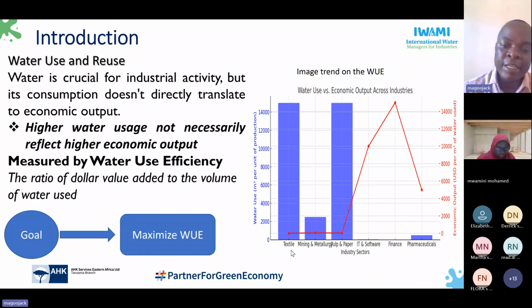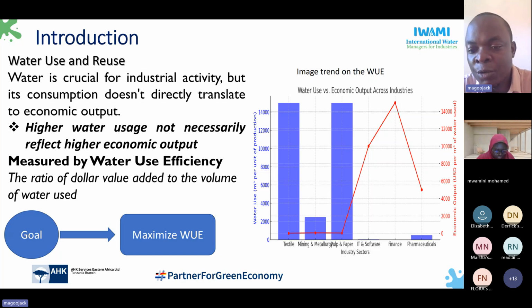For example, the textile industry, which is the first line here, uses a high amount of water, but the economic output, indicated by the red color, is very small. But some other industries, like finance, IT software, and pharmaceuticals, show high output compared to the amount of water put to use within those industries.